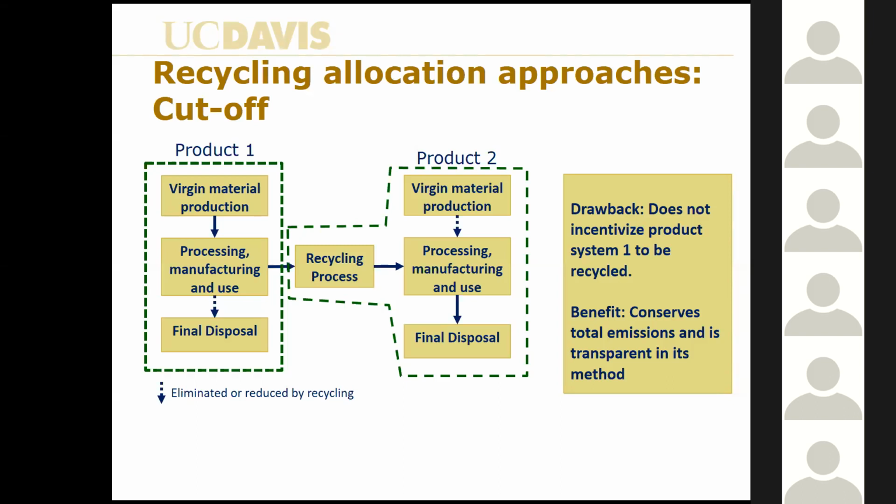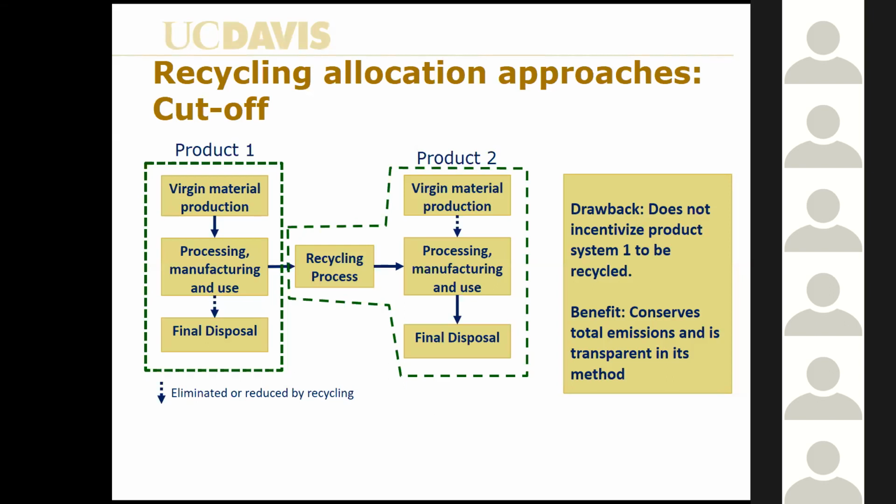And then that product, the only benefit that is seen by providing recycled content for the next product life cycle, product 2, or pavement 2, is reduced burdens associated with disposal. Product 2, on the other hand, is burdened with the recycling process itself, but has the benefit of reduced virgin material production when it comes to impacts.